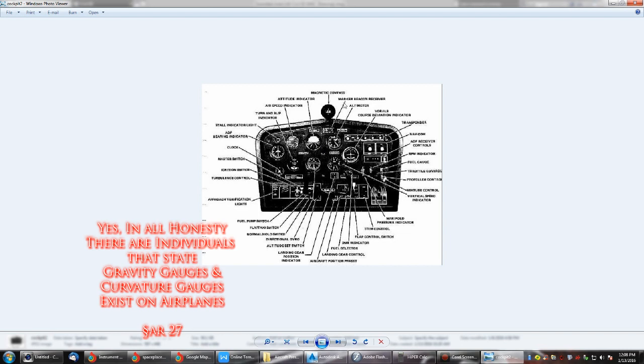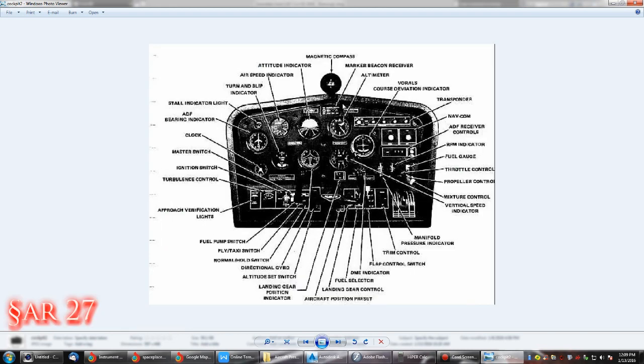And right here we can see, I could state all these vocally, that there's a transponder, there's a course deviation indicator, fuel gauge, RPM indicator, throttle, propeller, mixture, manifold, trim. I mean, I'm going through these fuel sector, directional, the fuel pump switch. I mean, there's so many on here, and you can see that, make it a little bit bigger, there is no such thing as a gravity gauge, and there is no such thing as a curvature gauge. When people say this to me, I think they are crazy.